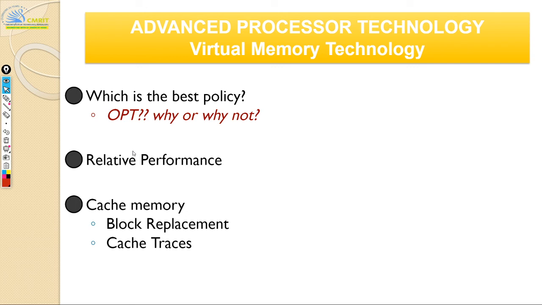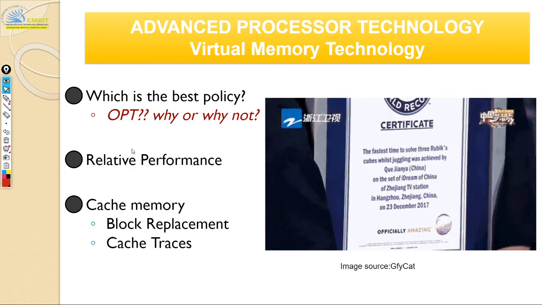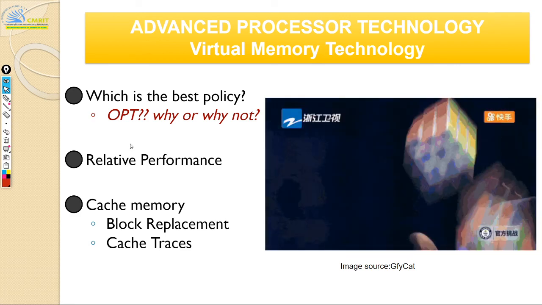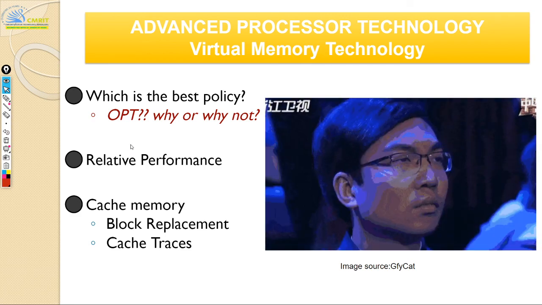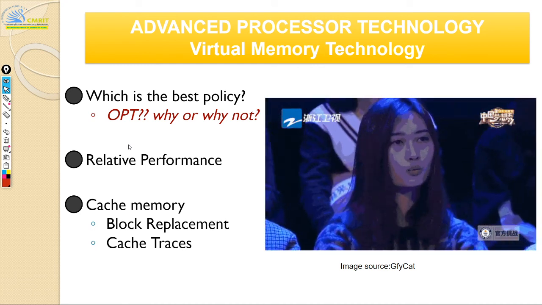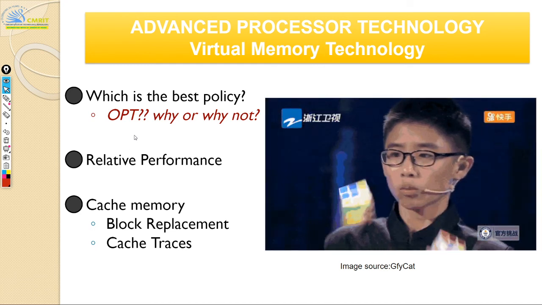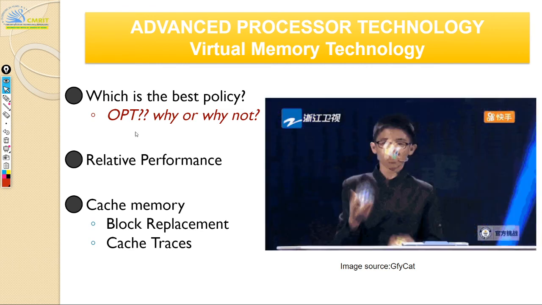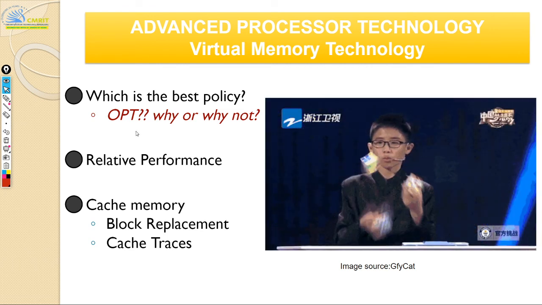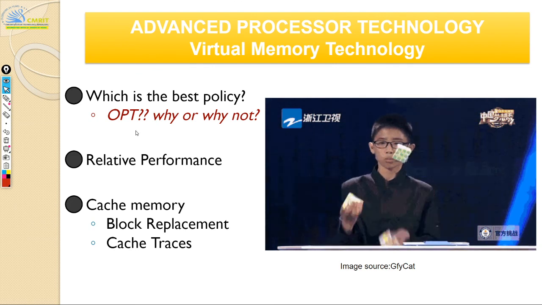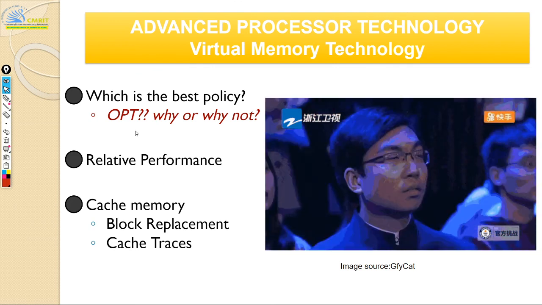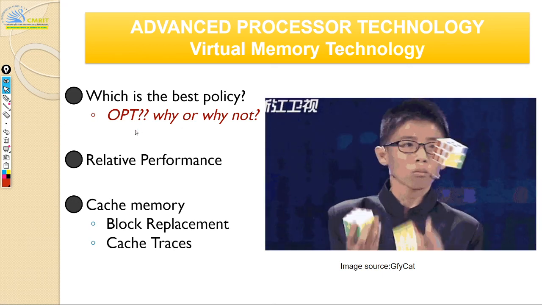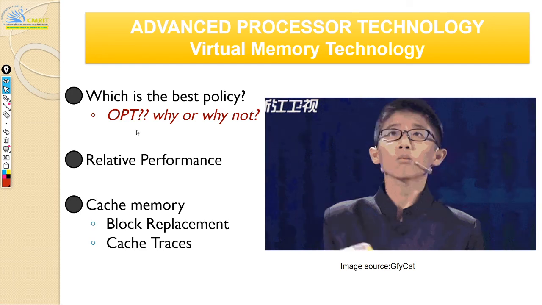I wanted you to look at this one particular GIF image, and this is exactly how your CPU works. Your page replacement works like this. This is a Chinese kid who managed to juggle three Rubik's cubes, and he solved them in like 5 and odd minutes. Now it looks like magic.